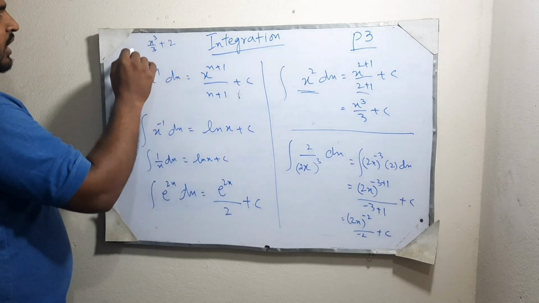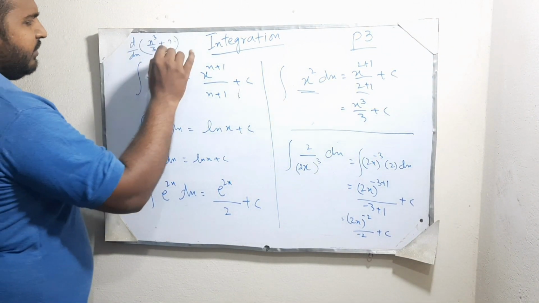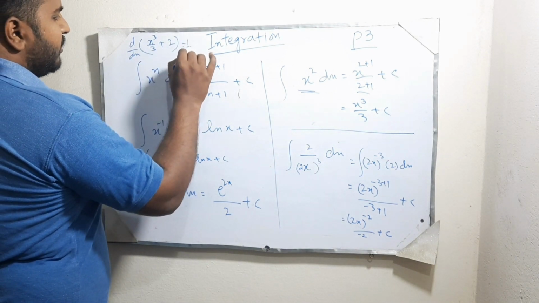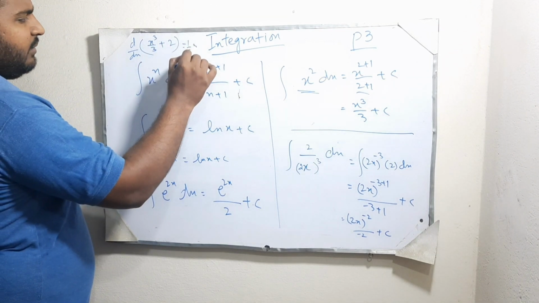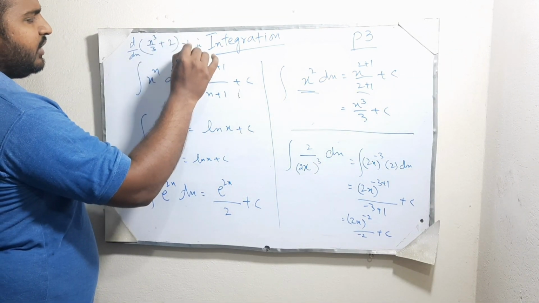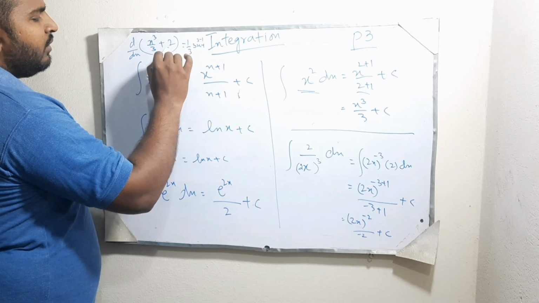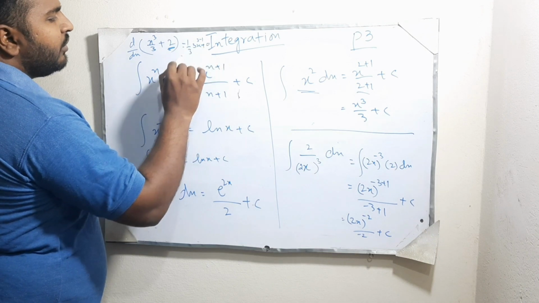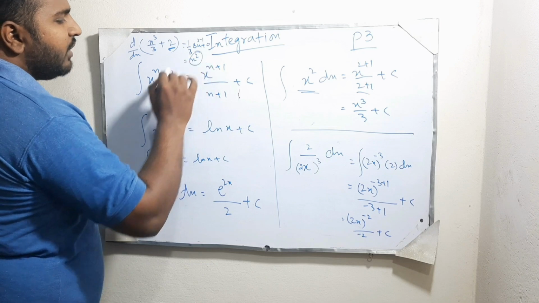If we take the derivative of it, d by dx, what would become here? Here 1 over 3 is constant, and this power 3 will multiply here, and in the power 3 minus 1, plus, for this constant we will have derivative 0. This 3 and 3 will cancel out, and here x power 2 will come out.